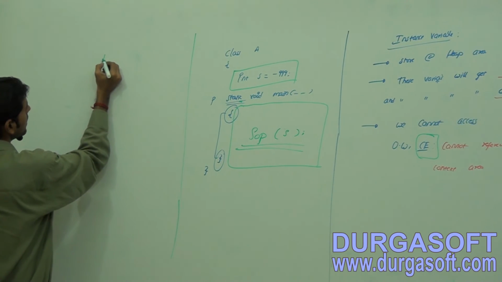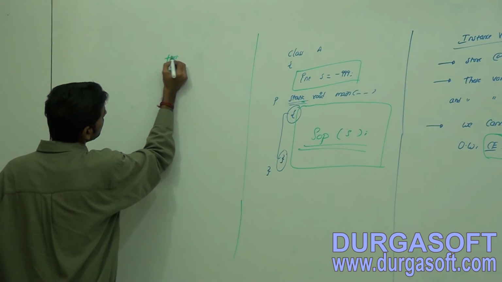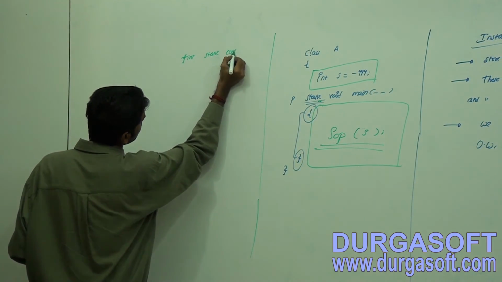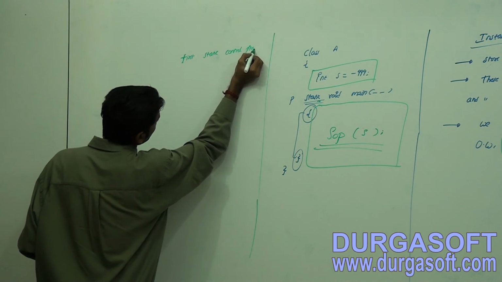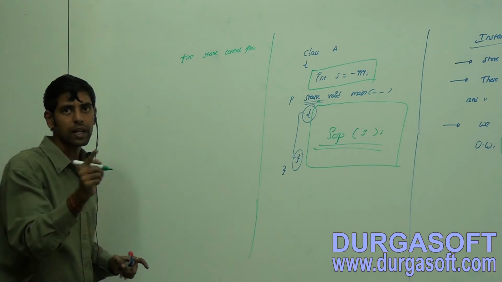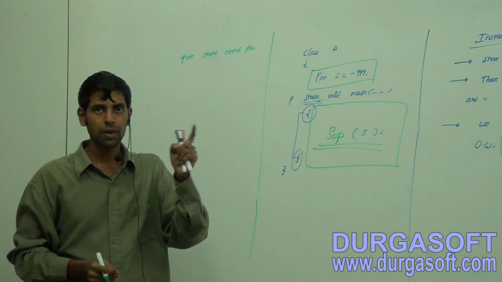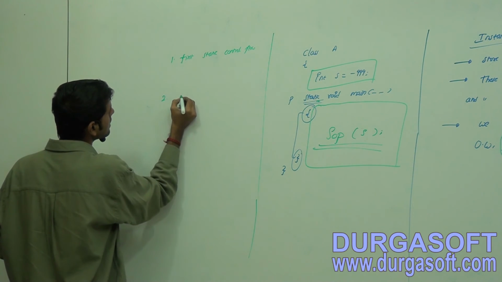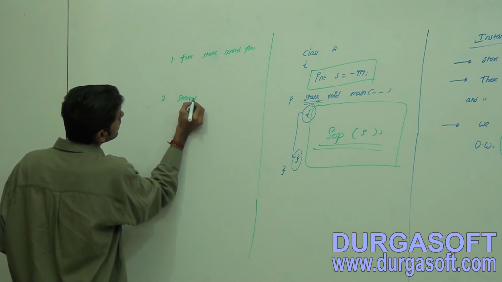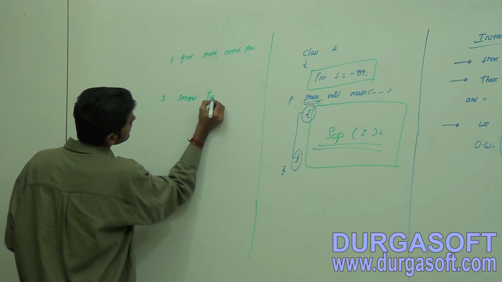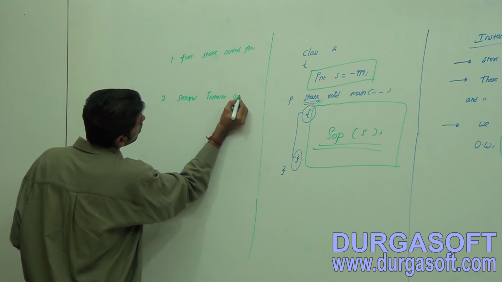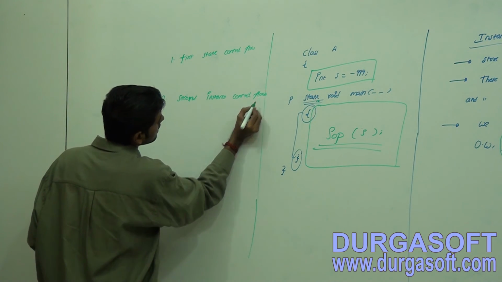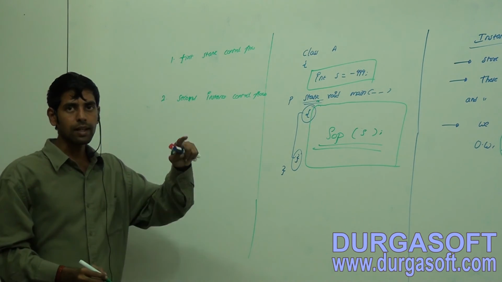First, static control flow will get executed by the JVM. Then second, instance control flow will get executed.